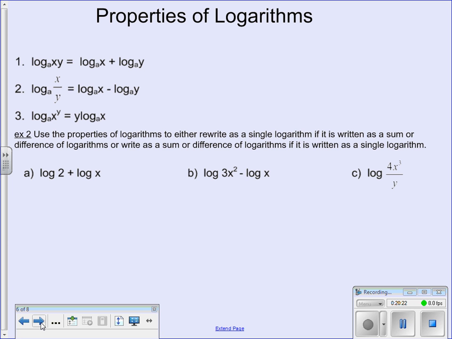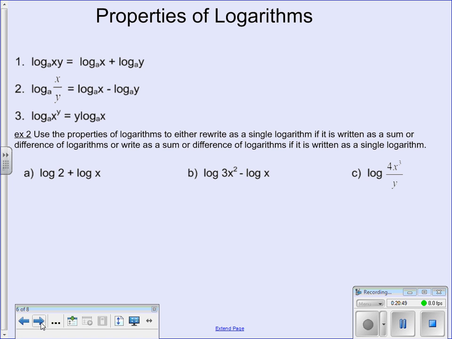Later on, particularly with differentials, if you can take a function that is one logarithm and split it into several smaller logarithms, those smaller ones are so much easier to work with that that's what you want to do. It truly makes your life much simpler. You need to know these rules.